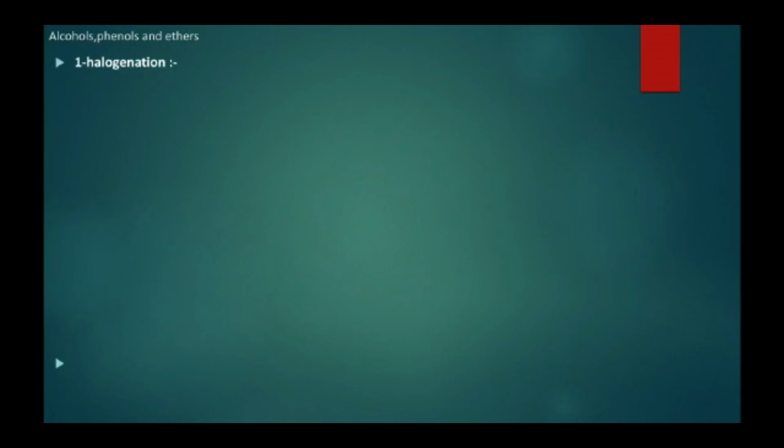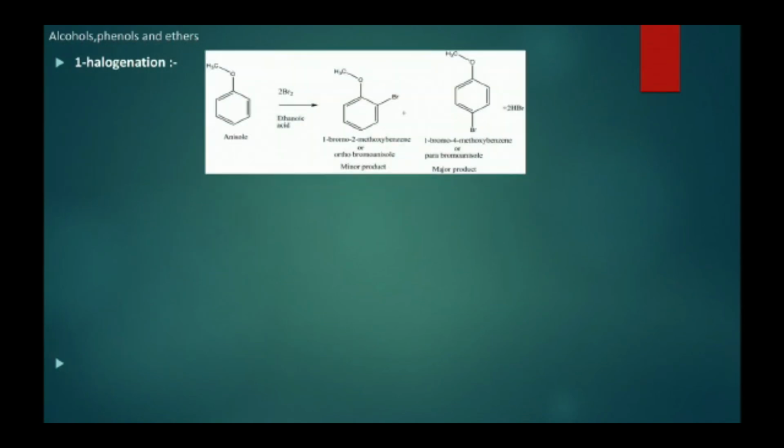See some reactions, some examples. First, halogenation. In halogenation, when anisole or methoxybenzene reacts with bromine in presence of ethanoic acid, that is acetic acid, it forms a mixture of ortho-bromoanisole and para-bromoanisole, in which para-bromoanisole is the major product and ortho-bromoanisole is the minor product because of the stability.